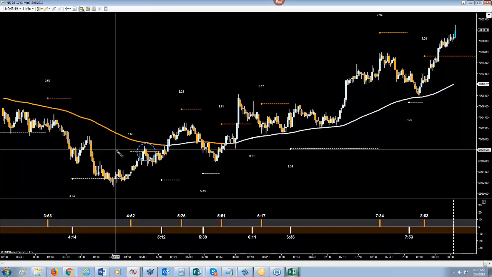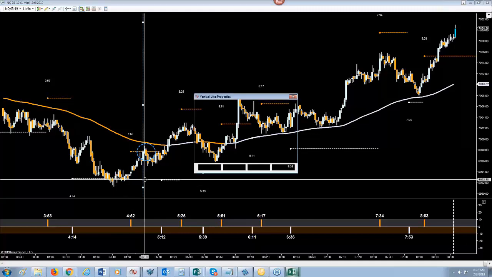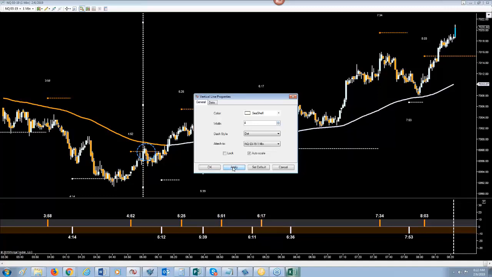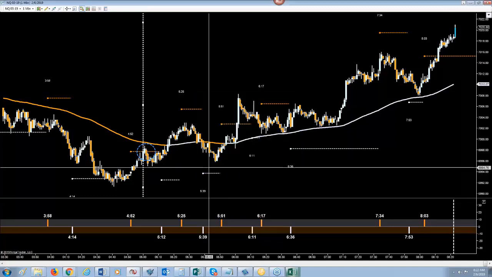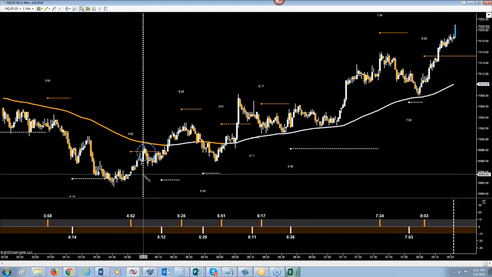It means it was time for selling, but right here nobody sold. It was time for selling, but nobody sold. So this can be the very first precursor to a trend reversal.